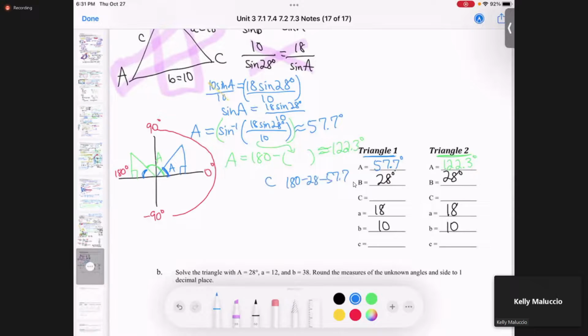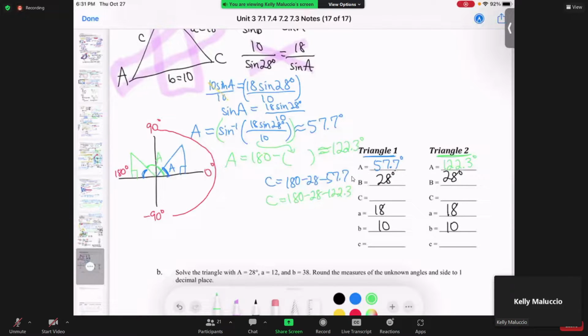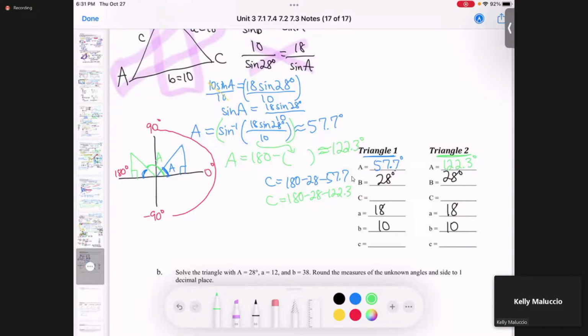So blue C is going to equal this, whereas green C is going to equal 180 minus 28 minus 122.3. So we should get about 94.3 degrees for blue and 29.7.